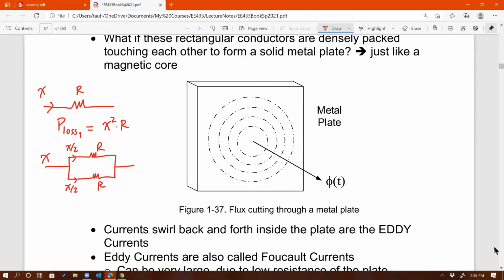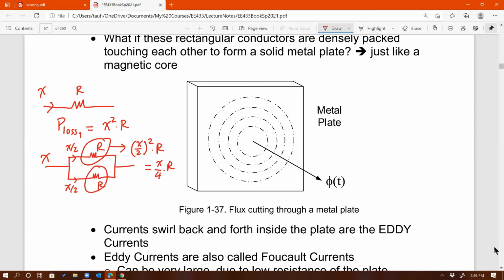So what is the loss here now? Well, what is the loss from 1? That's going to be X squared times R. So now it's going to be X over 2 squared times R. What is that equal to? X squared over 4 times R. Agree? But then there are 2 resistors.